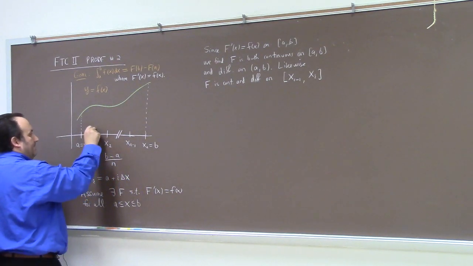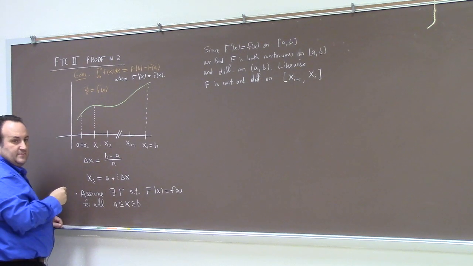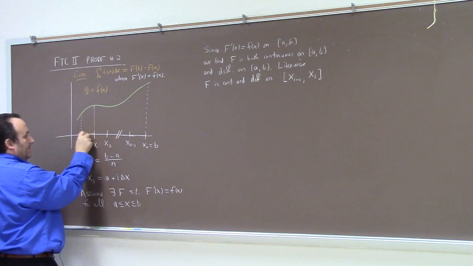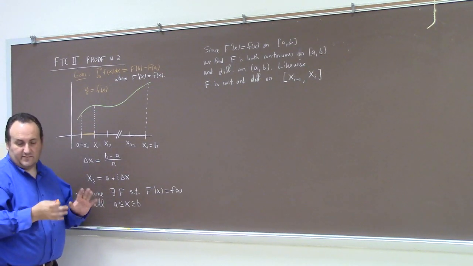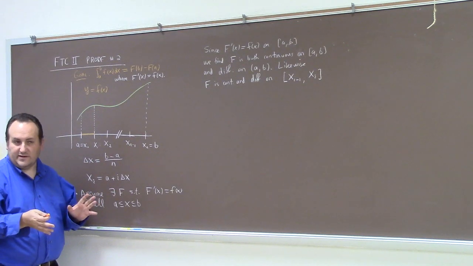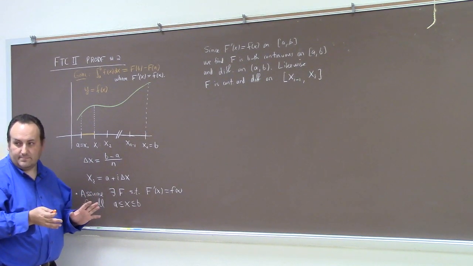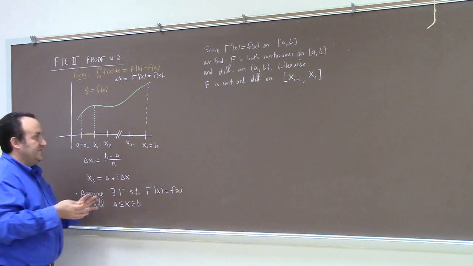If we look at the first interval, like here, the antiderivative is differentiable and continuous there, so we can apply the mean value theorem, right? And what does the mean value theorem say?